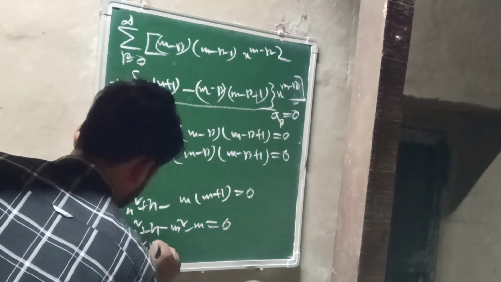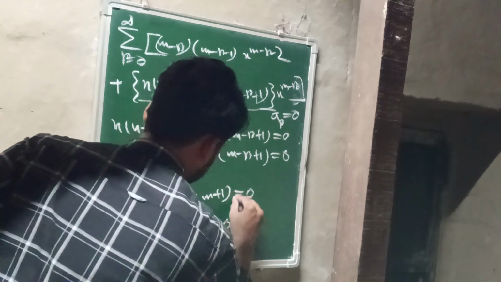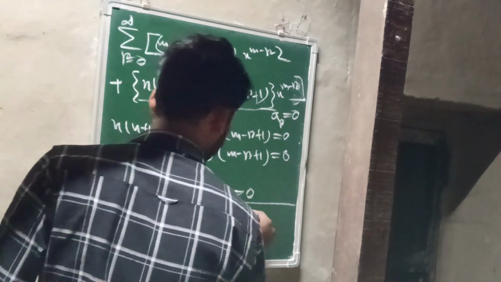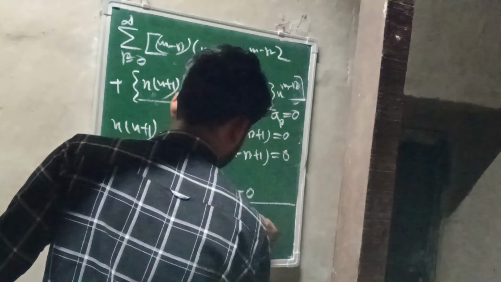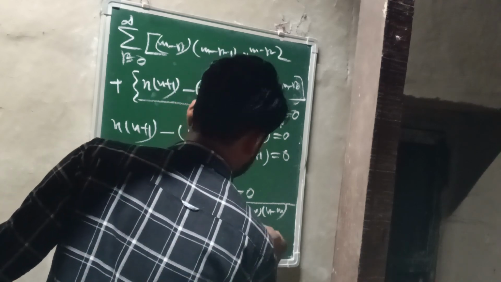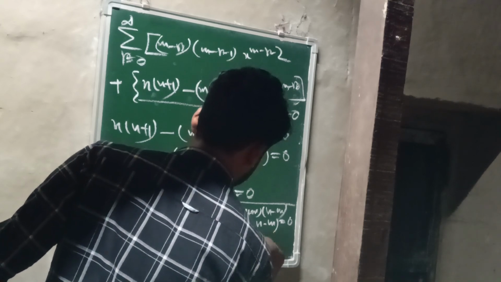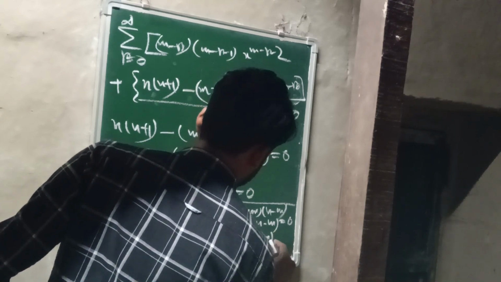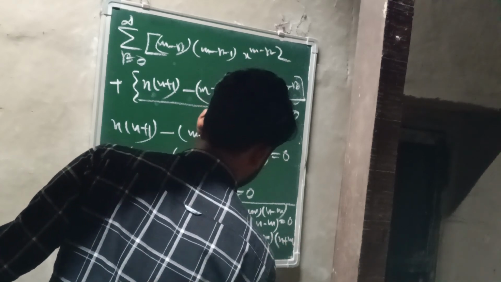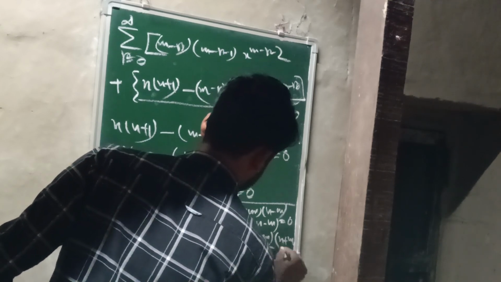So n square minus m square plus n minus m equal 0, that is (n minus m)(n plus m) plus (n minus m) equal 0. If we take n minus m common, then the remainder is n plus m plus 1 equal 0.